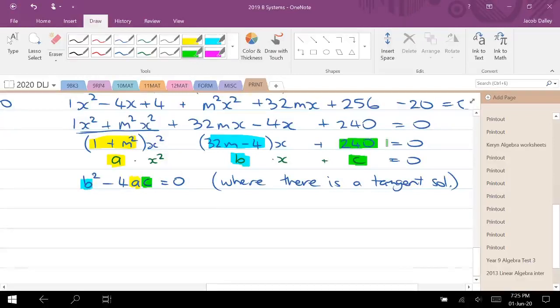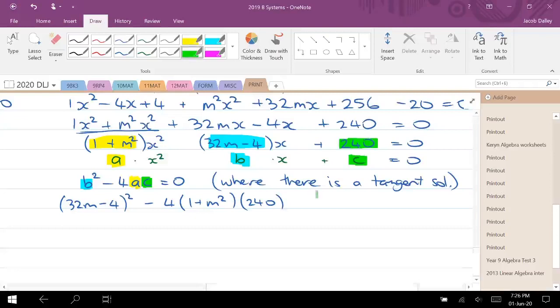And this will actually give us a completely new quadratic, but it'll be with m's instead of x's. So that'll look like this. B squared is 32m minus 4 squared, minus 4 times 1 plus m squared times 240.